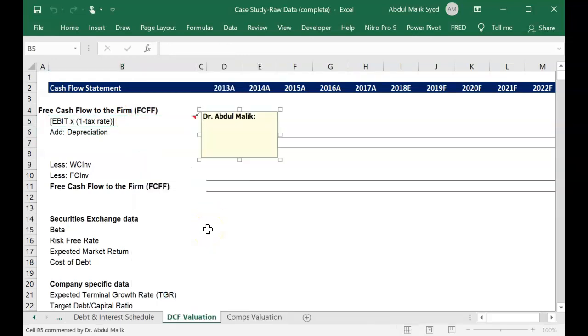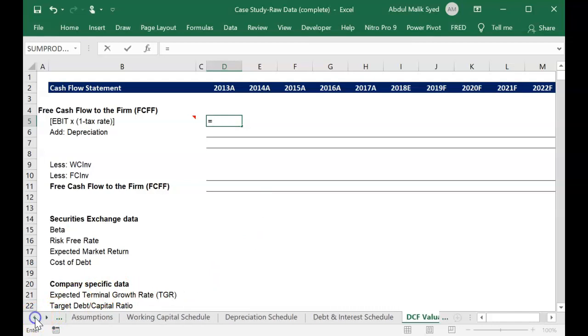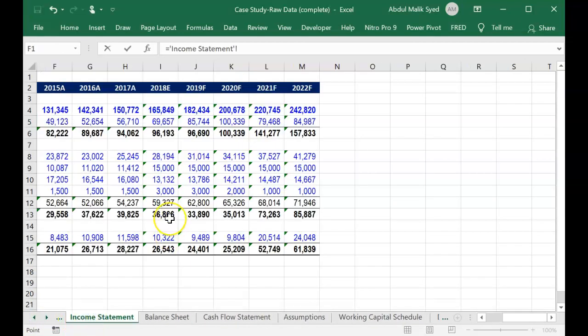So this is nothing but NOPAT. So how to get this? EBIT times 1 minus tax rate. So EBIT we can find in the income statement. Go to the income statement.